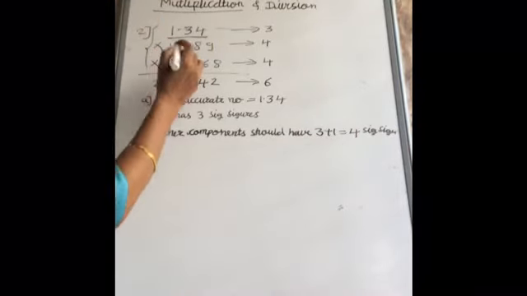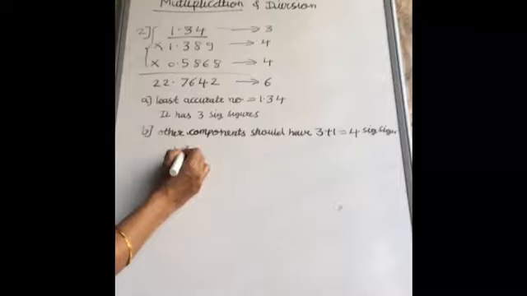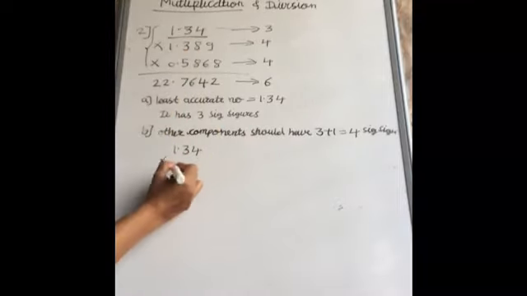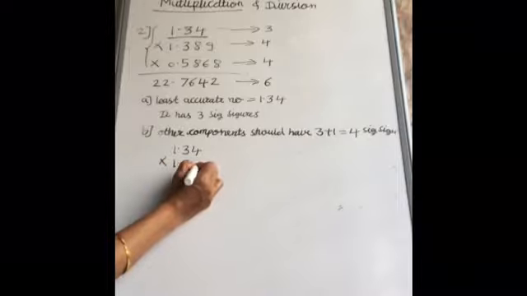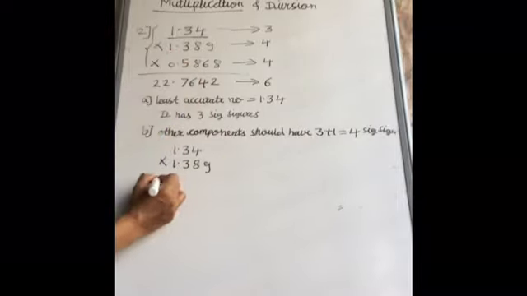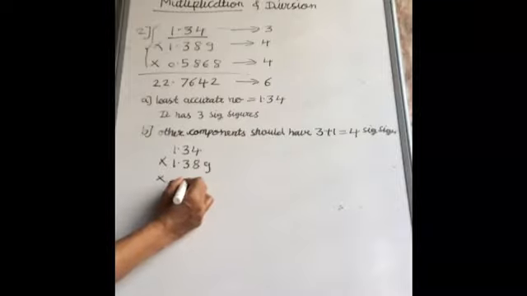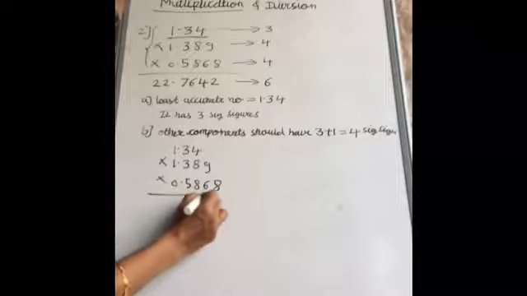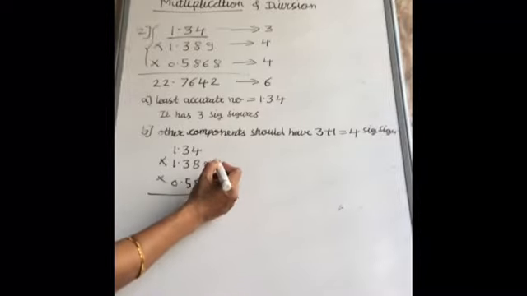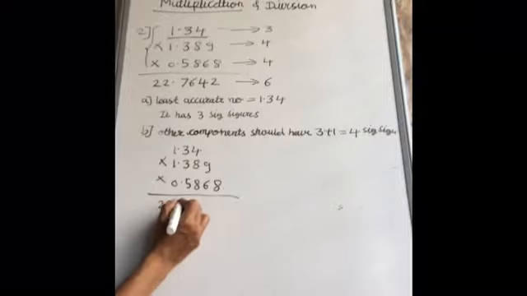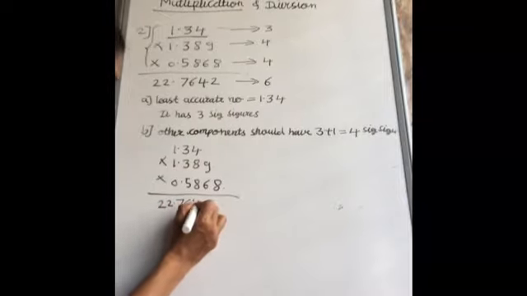So we write 1.34 into 1.389 as it is, with 4 significant figures, into 0.5868 as it is, because it also has 4 significant figures, and the answer is 22.7642.